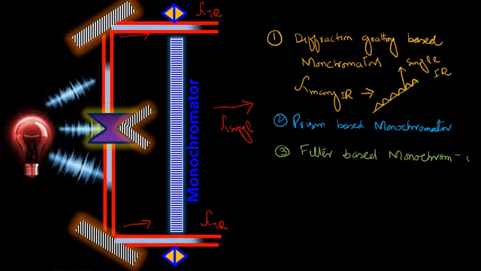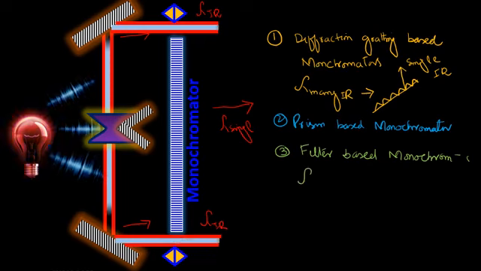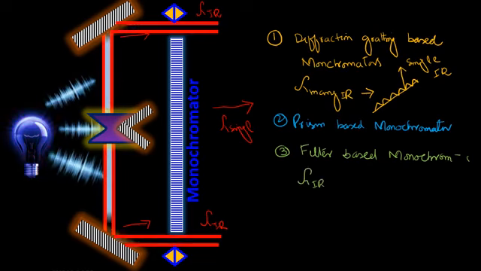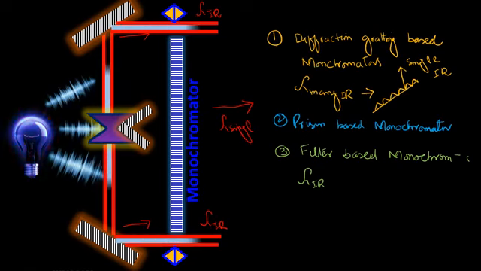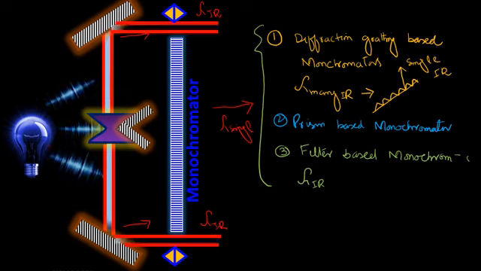The filters filter out the different wavelengths of IR radiation, and the instrument is adjusted to a specific wavelength. On the basis of this we can achieve a single wavelength of IR radiation in the infrared spectroscope. So these are the three main types of monochromator used in infrared spectroscopy.